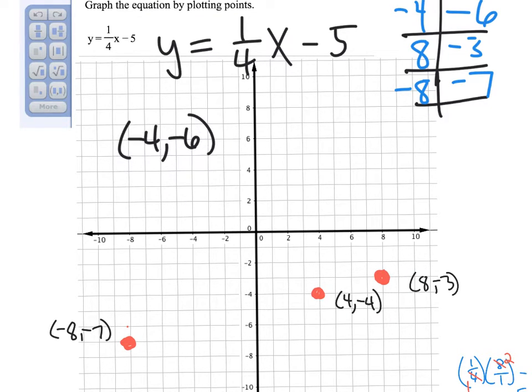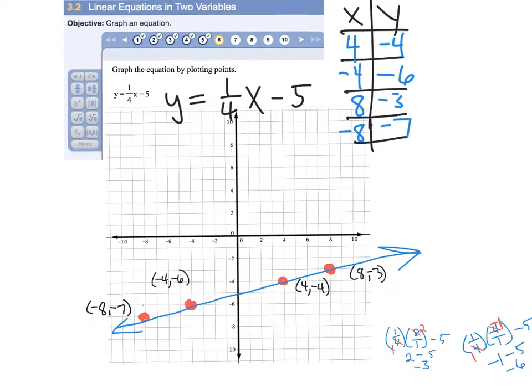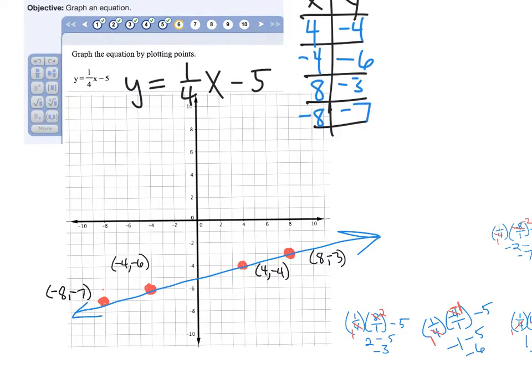So -4, -6 goes right here. And sure enough, it really looks like we have a nice line going right here. There is our line. So it looks like we've probably done everything correctly.